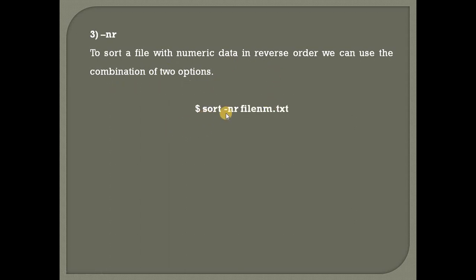So sort -nr and the given file name. Here you can see we have used numerical, on the previous file which we have created, same file but in reverse order. So now in this case the largest will be at the top and the smallest will be down. So this is the combination of n and r.